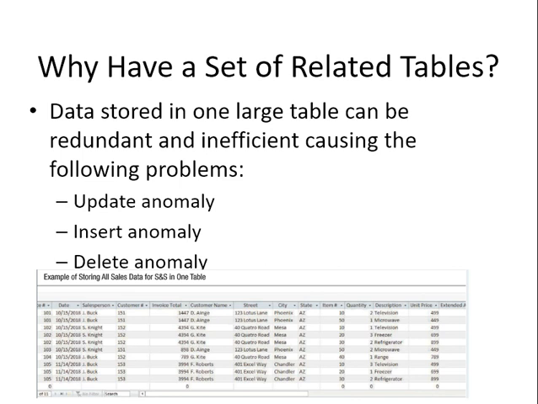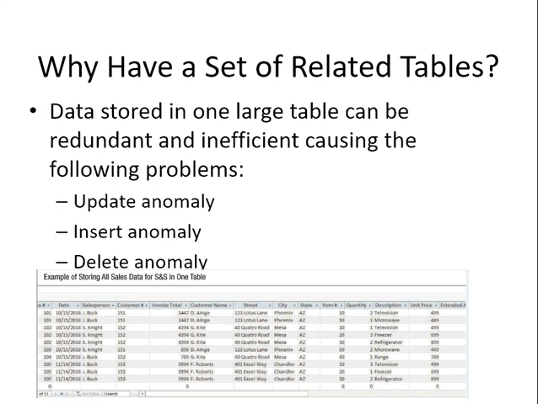Designing a relational database. Why do we have a set of related tables instead of one table? I talked about the redundancies, but here is a more formal way to talk about the disadvantages of having just one large table.